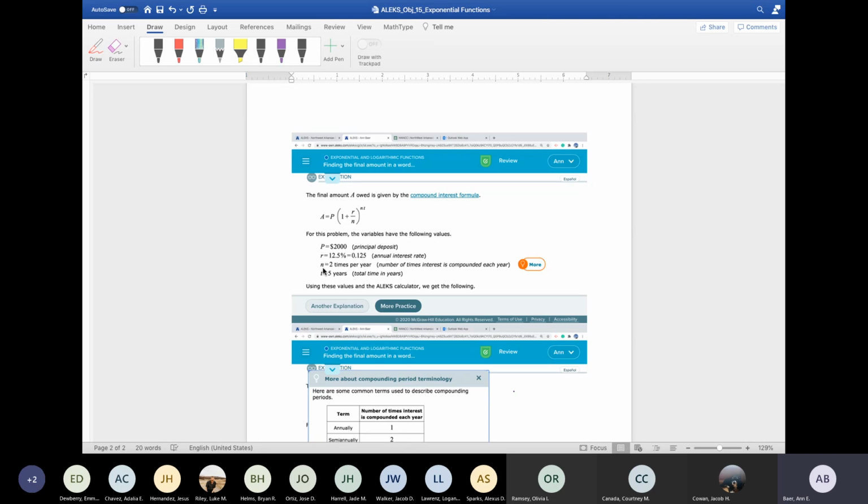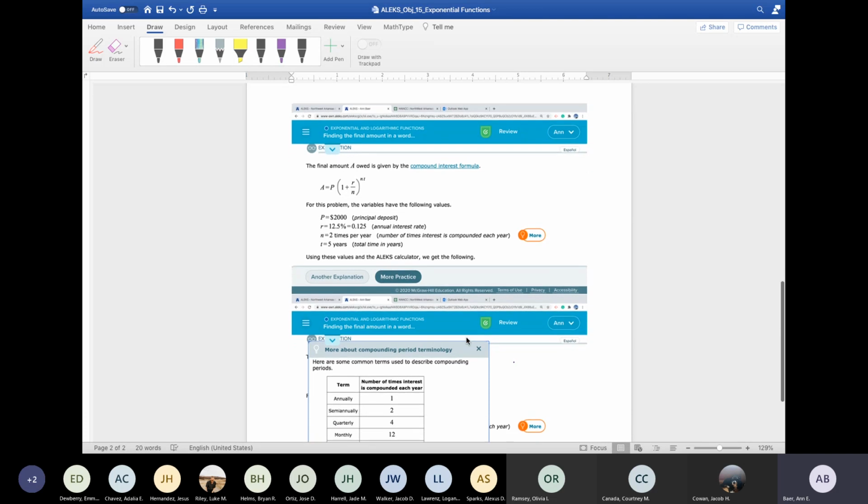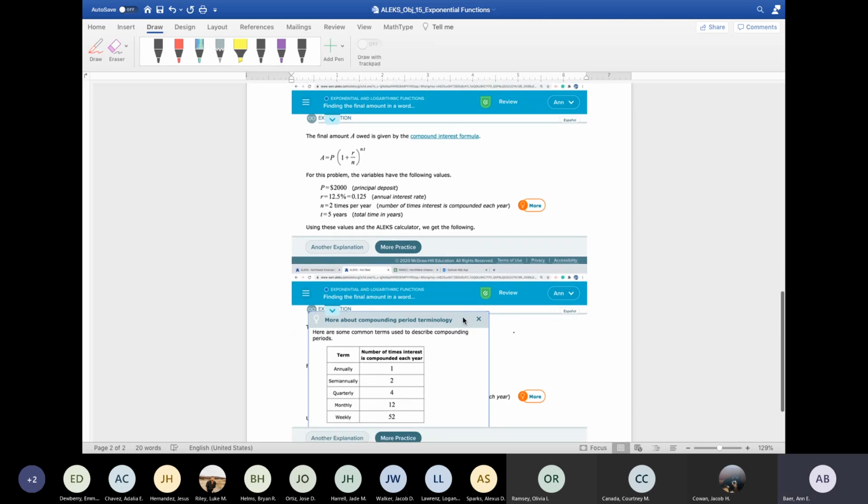And the N is the number of times interest is compounded each year. So in the case of our problem, semi-annually, that's twice a year. You can see this little chart here: semi-annually means twice a year. And T is the total time in years.